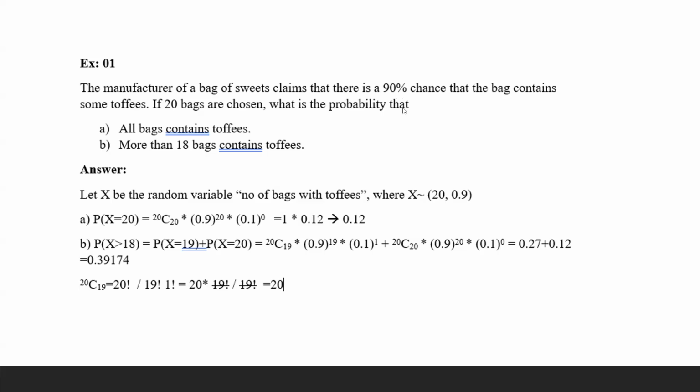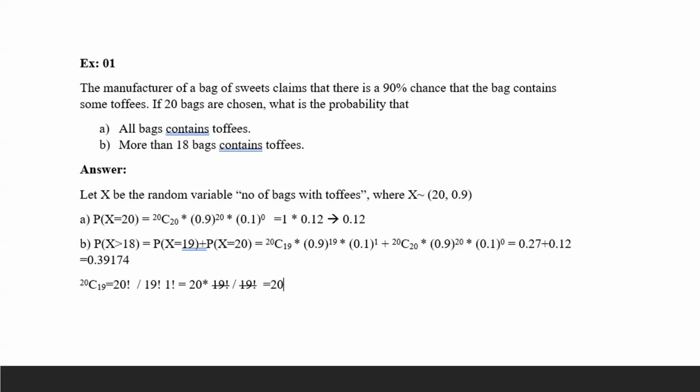Now, what's the probability? Here only a percentage value is available, but no probability value is given. How to calculate the probability?